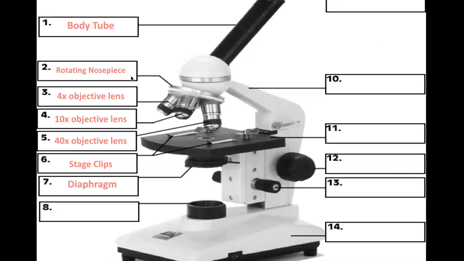Okay? The diaphragm. The diaphragm is for allowing more or less light through the stage to your slide. This is really important because some microscopic organisms that we look at are going to have a body that's either translucent or transparent.